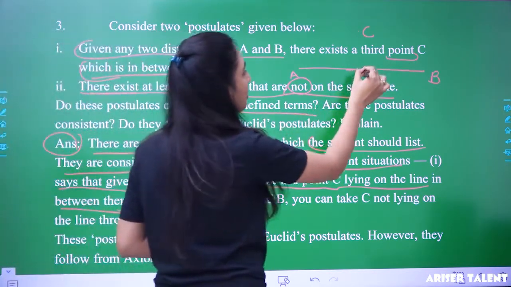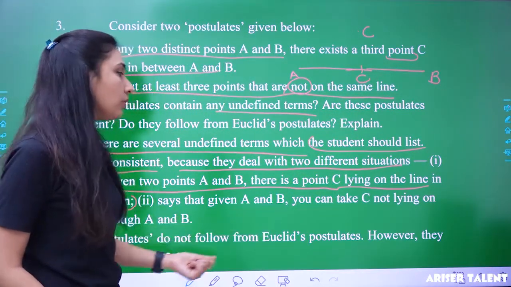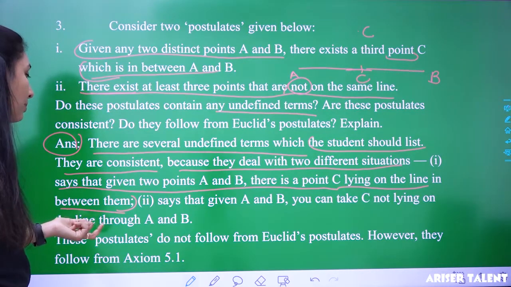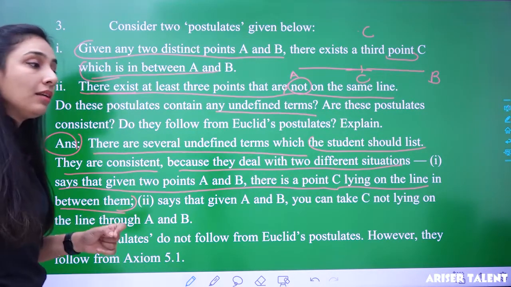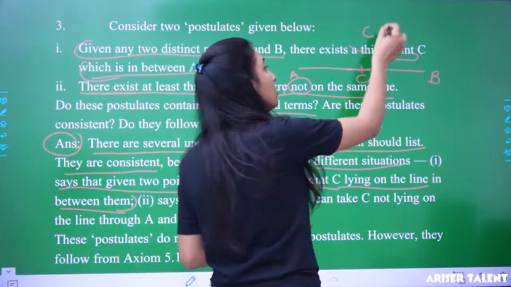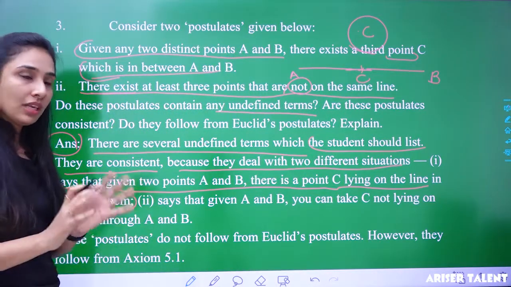So C exists here only, right? Then the second says that given A and B, you can take C not lying on the same line. So the first one is saying C is between the line, and the second one is saying you cannot take C in between the line AB. So they are contradicting.